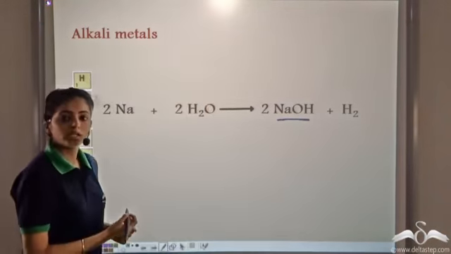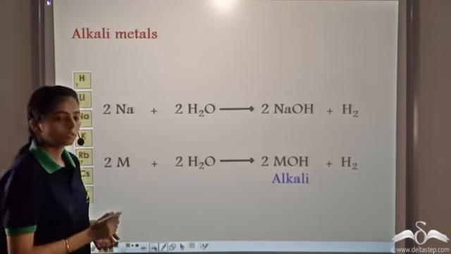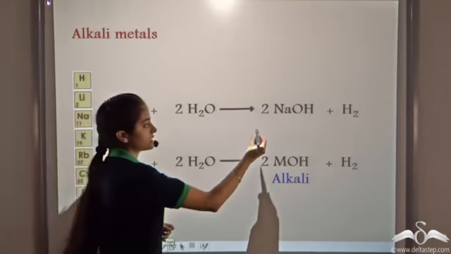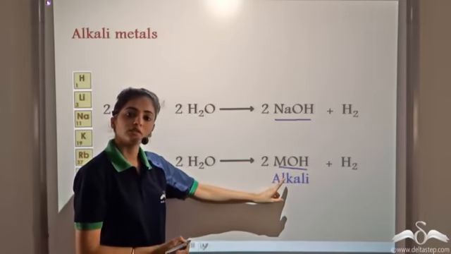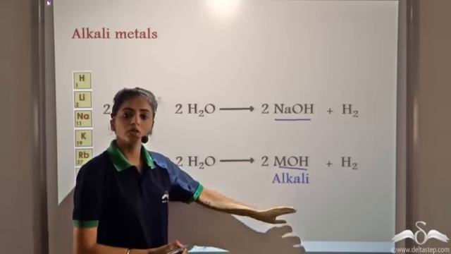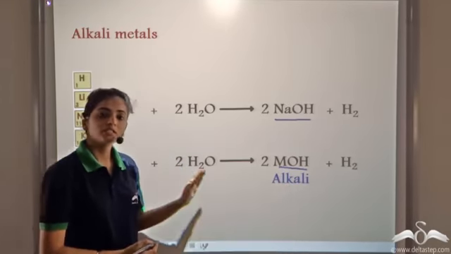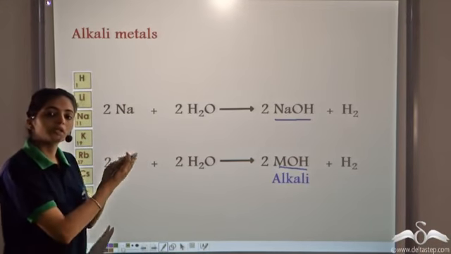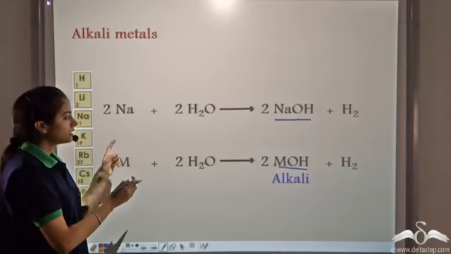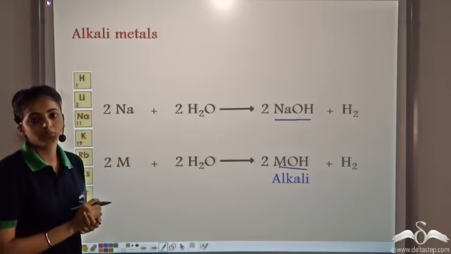These corresponding hydroxides that they form are soluble in water. So these hydroxides are known as alkalis. Since all these elements on reaction with water form the corresponding alkalis, these elements are known as alkali metals.